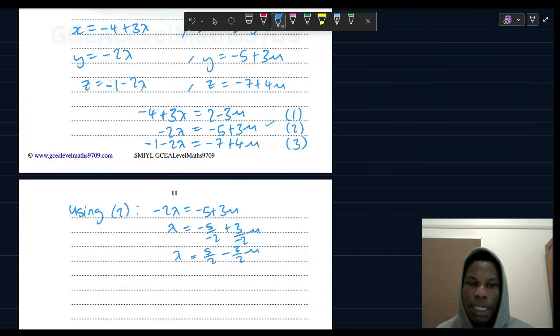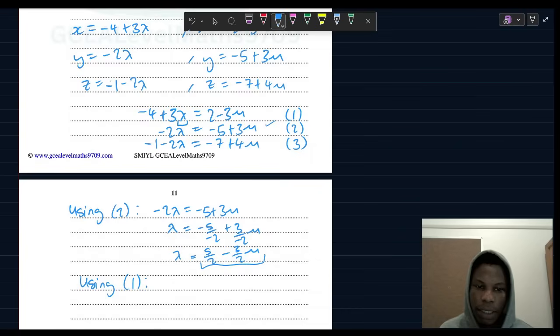Then we can substitute this into the first equation. Using equation 1, we replace lambda with this expression, so we've got -4 plus 3 times (5 over 2 minus 3 over 2 mu) is equal to 2 minus 3 mu.